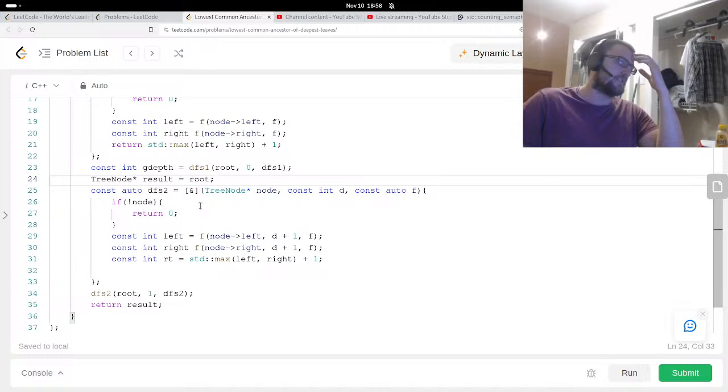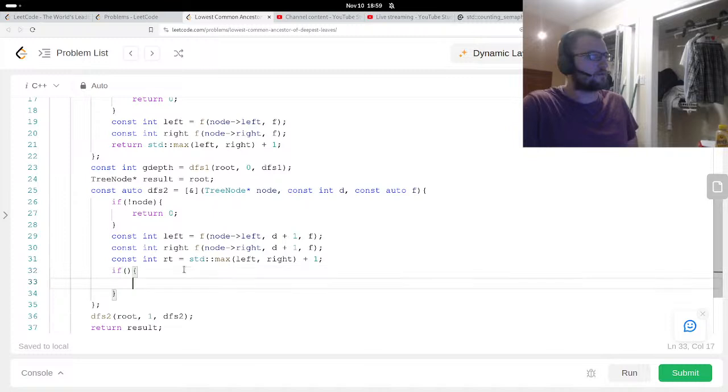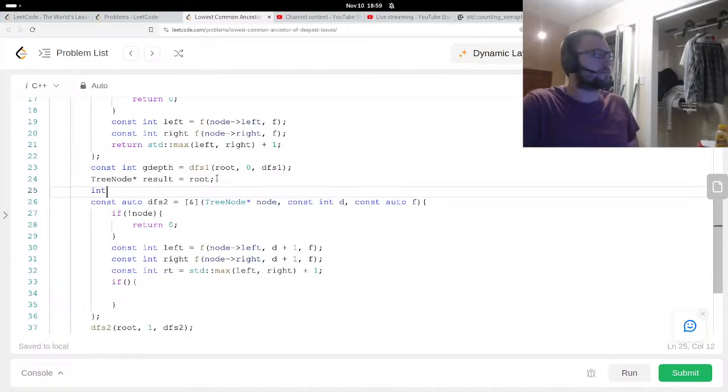Now, what we're going to say is if we have best depth, b depth is 0. Depth of the root really should be 0, I think, or 1.